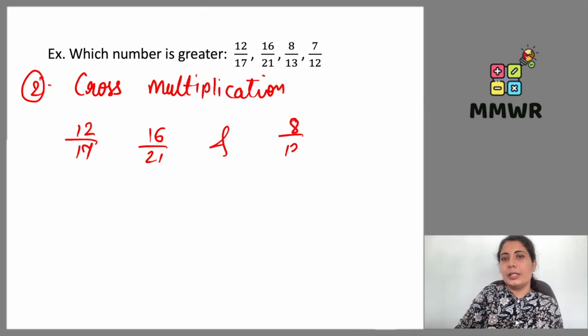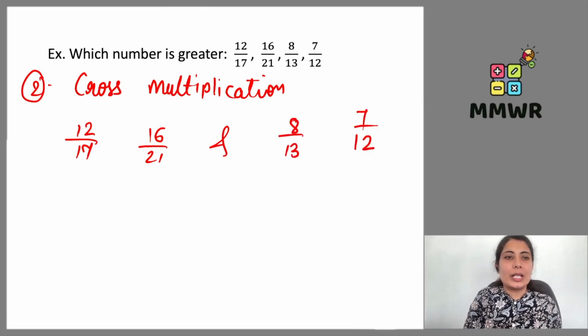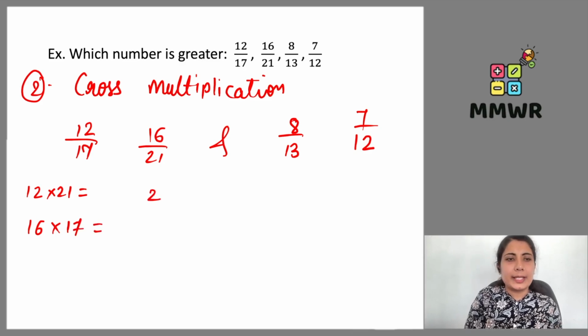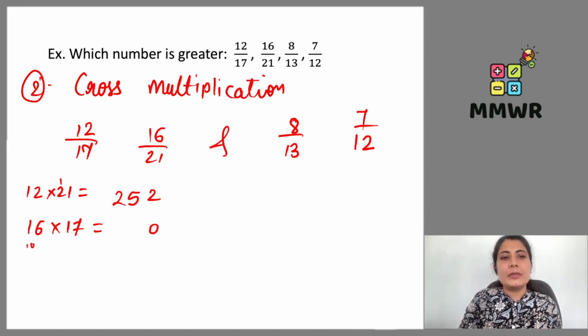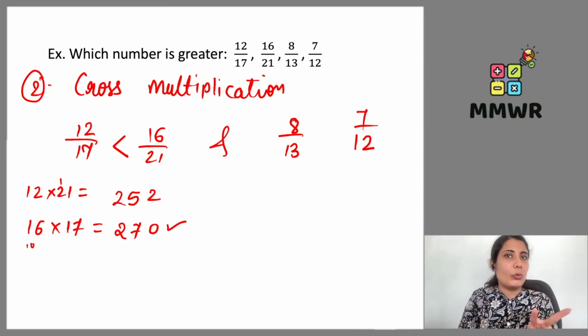Let's quickly multiply 12 with 21, which gives 252, and 16 with 17, which gives 272. 12 ones are 12, 12 twos are 24, 24 plus 1, 25. 16 multiplied with 17: 7 sixes are 42, 17 ones are 17 plus 10, 27. So this is the bigger one, the second one. So 16 upon 21 is greater among these two.